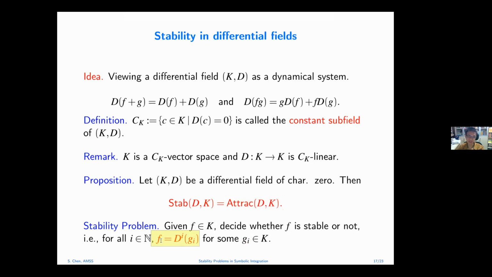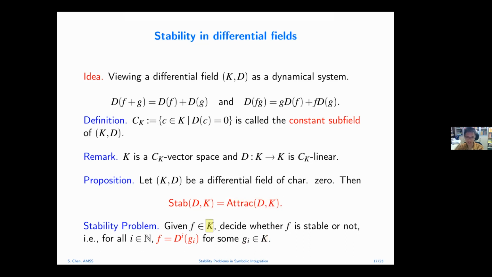What does this mean? This means f can be integrated i times, and the i-th integral of f is still in K, for each i. So this is exactly what I said: you can integrate a function infinitely many times and still get an elementary function.